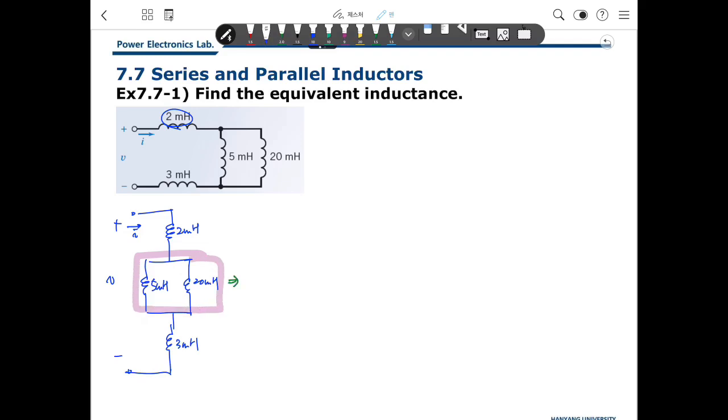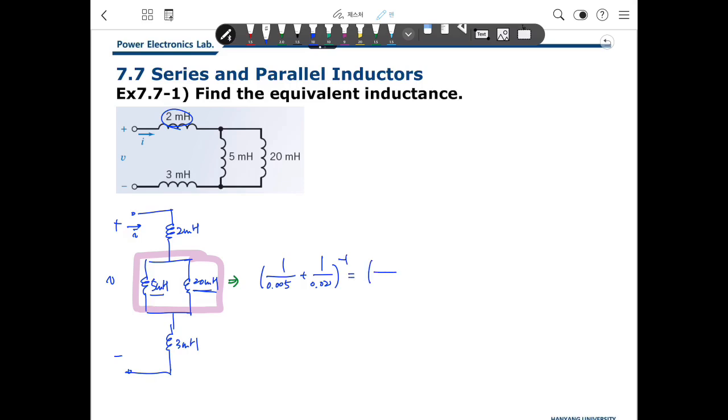Because this is a parallel, there will be 1 over 0.005 plus 1 over 0.02, inverse here.